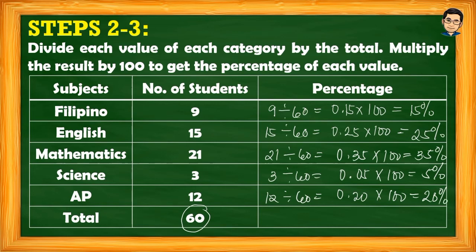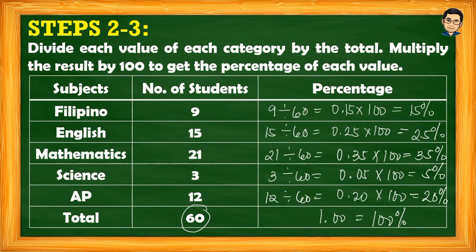And then, kapag inad natin lahat ng nakadecimal na yan, ang makukuha po natin is 1.00. And then, that is equivalent to the sum of 15%, 25%, 35%, 5%, and 20%, which is 100%. So, let us check. 15 plus 25, that is 40. Plus 35, 75.